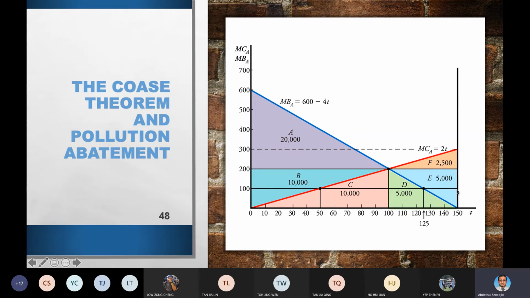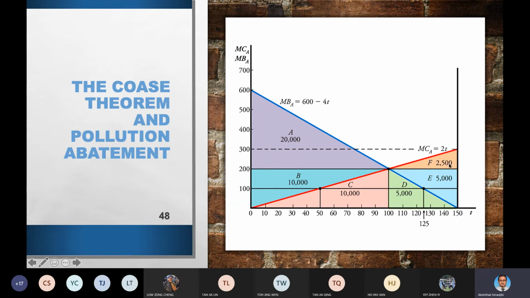So it pays this to the community and gets the right to dump the remaining 50 tons. And this is still costlier than cleaning up those 50 tons because it will have this plus the cost to clean.